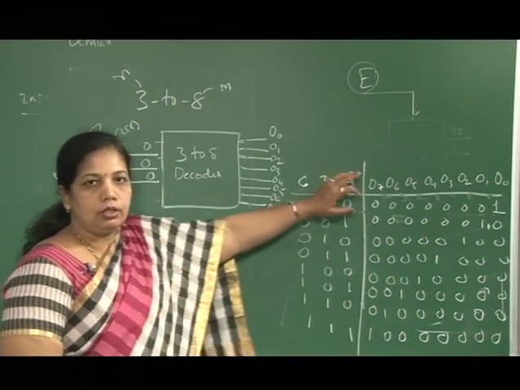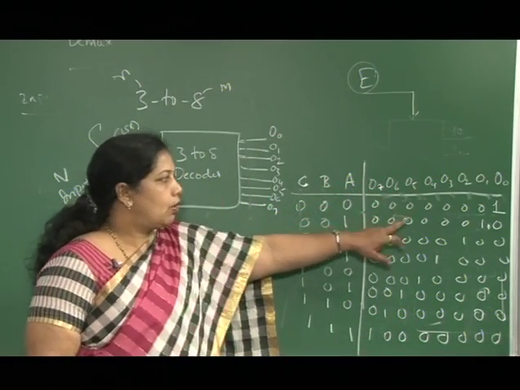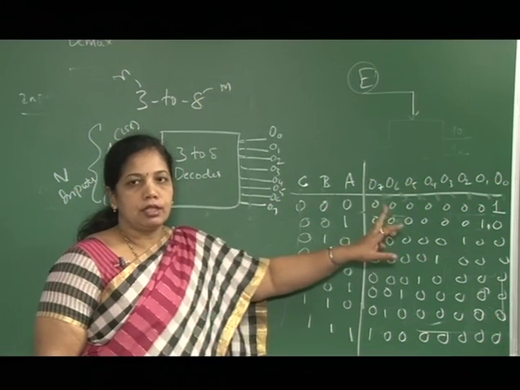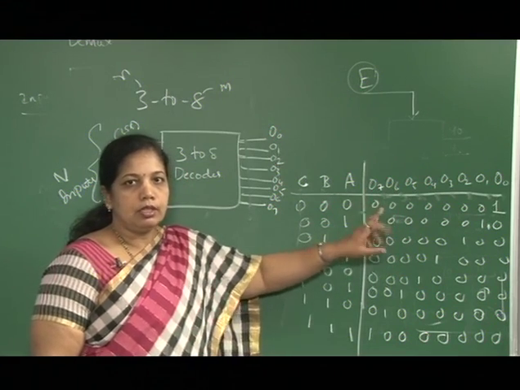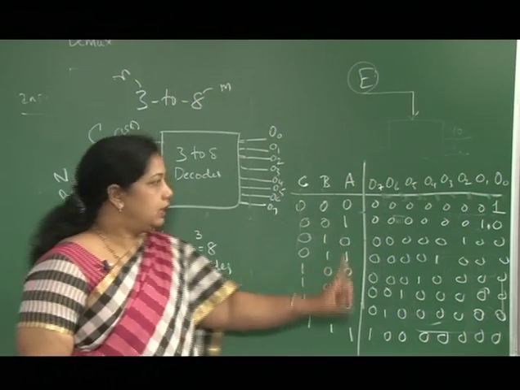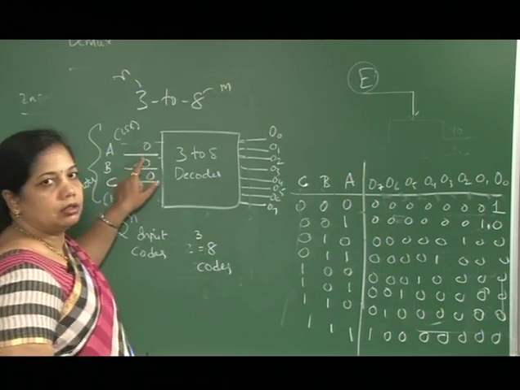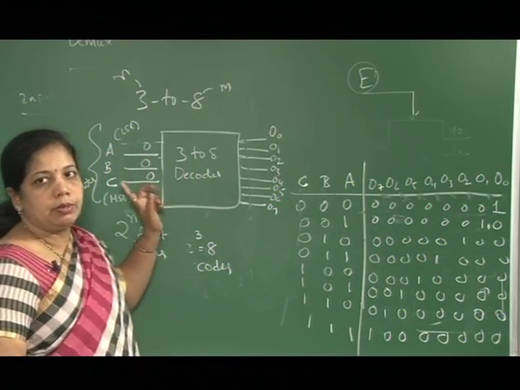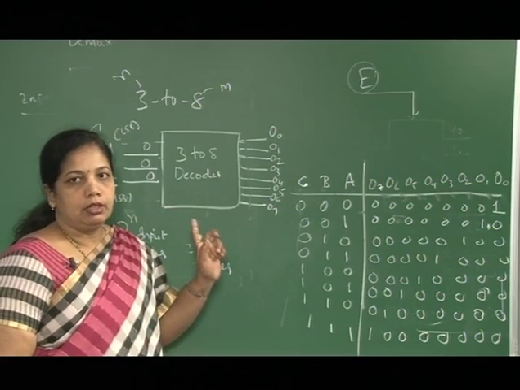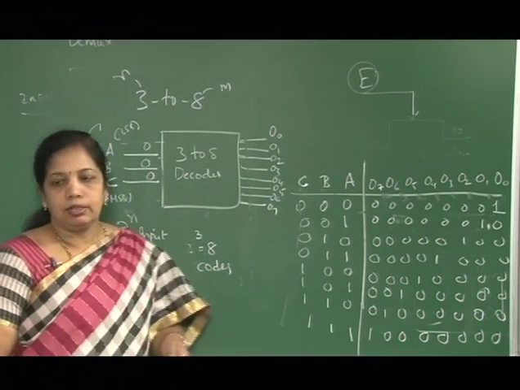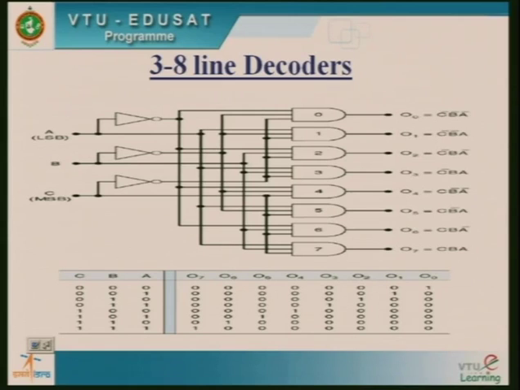You can just see in the truth table only one output line is active at a time. So this output will be active only based on the code I have given. You can just see the circuit diagram over here.